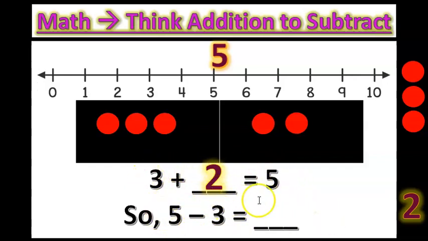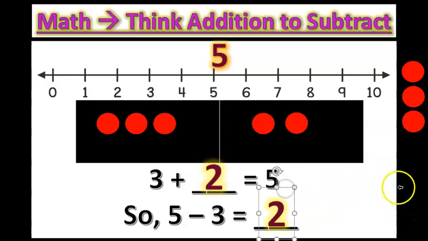Let's come down now here to our subtraction equation. Now, boys and girls, what number is missing? Good job. Look, 5 is already in front. 3 is here. Now 2 just needs to be put back into our subtraction equation. So let's put 2 there.